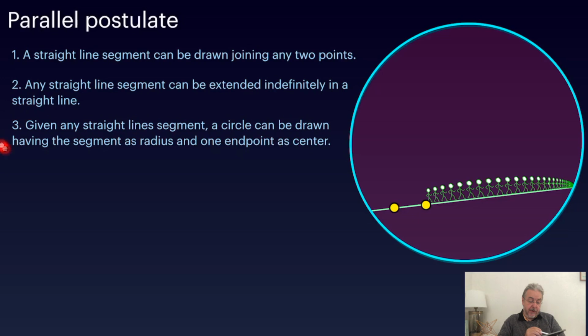So how about the third postulate? Given any straight line segment, a circle can be drawn having the segment as radius and one endpoint as center. I already talked about circles in Cayley Klein geometries, and it turns out this is simply true in this kind of theory. So if you have 2 points which correspond to line segments here, there is such a thing like a locus of all points of same distance to the center as your other boundary point.